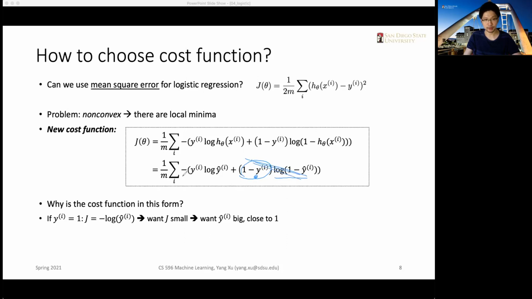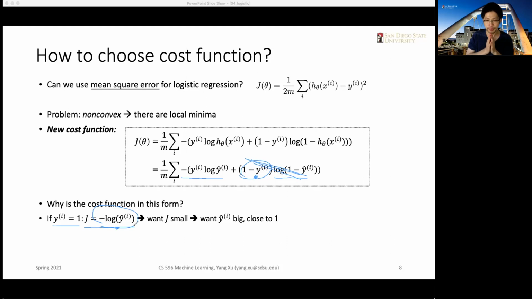What's left is minus yi times the logarithm of y hat. This becomes the cost function when the ground truth label is 1. Remember, we want this cost function to be small.